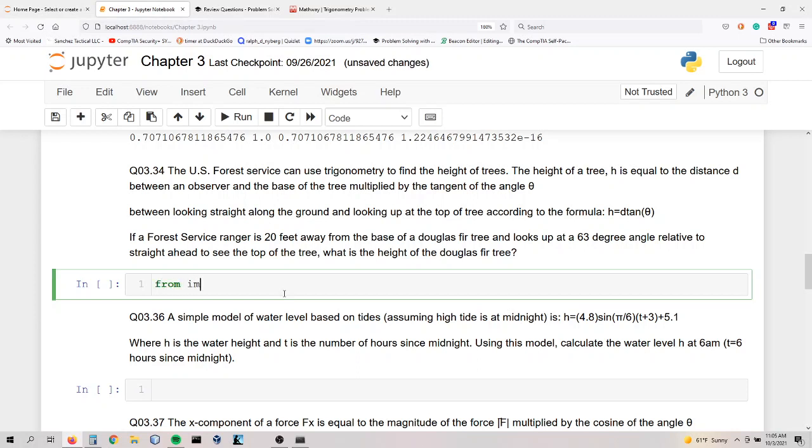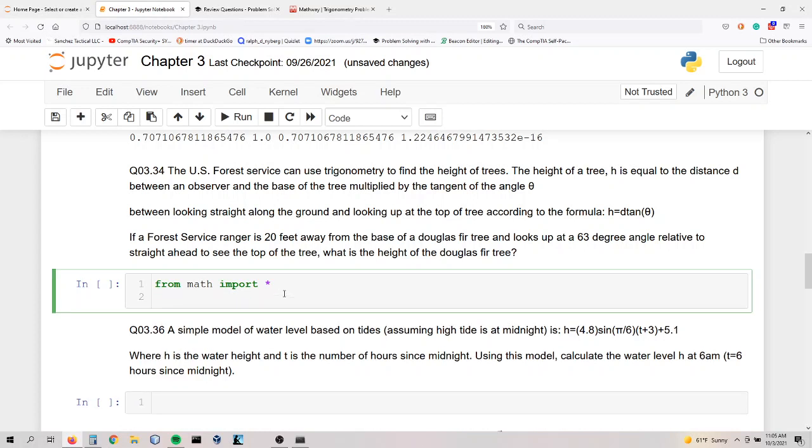So let's go ahead and start it. From math, import, I'm just going to do star because I forget if it's just tan or tangent that we need to import. There's a couple ways we could go about this. I guess we could just set a variable. So height h is equal to the distance, which is 20, times tangent.